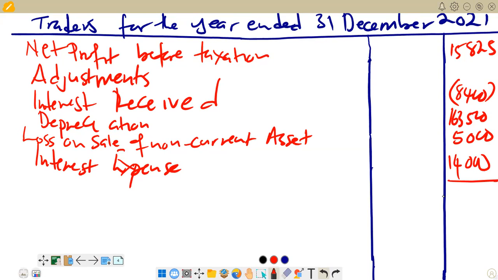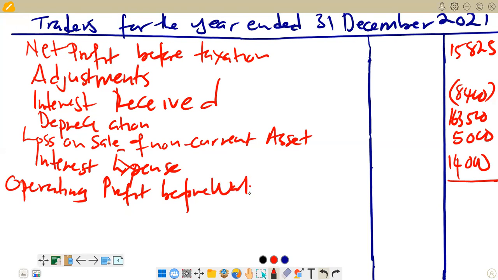And then we calculate here to find the figure for operating profit before working capital changes.